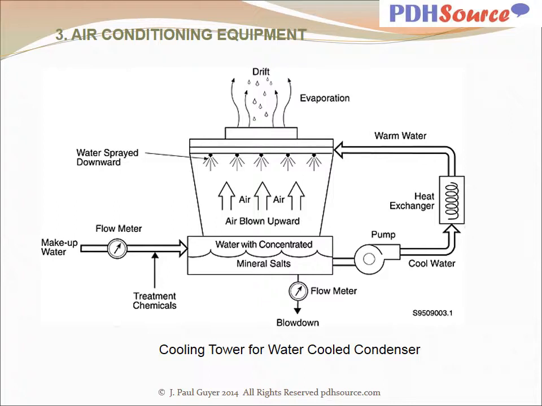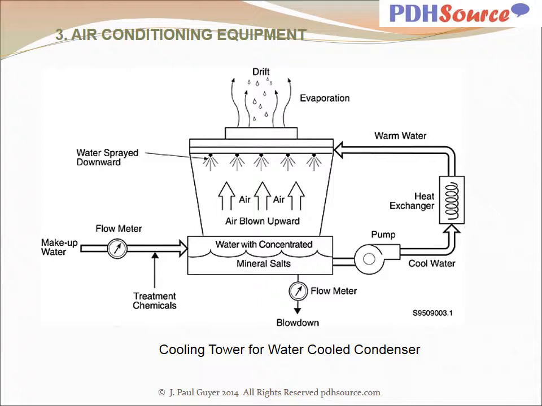It is pumped out, pumped through the condenser heat exchanger, here just called a heat exchanger. In the process of passing through the condenser, it is heated, it is warmed up, and that warmer water then is pushed by the pumps to the top of the cooling tower, where it is sprayed out of nozzles.